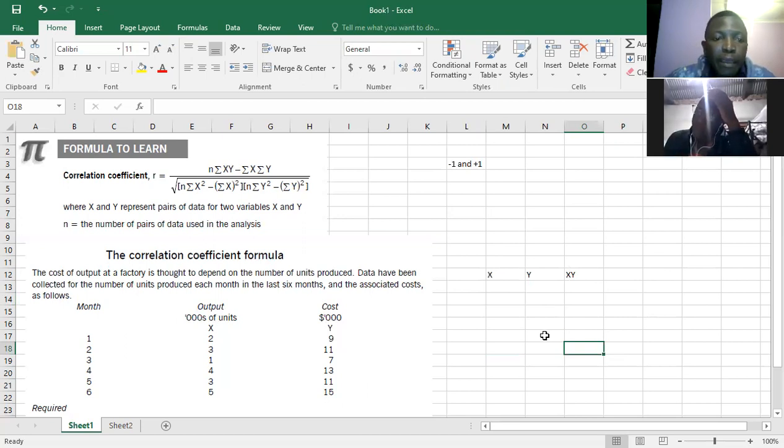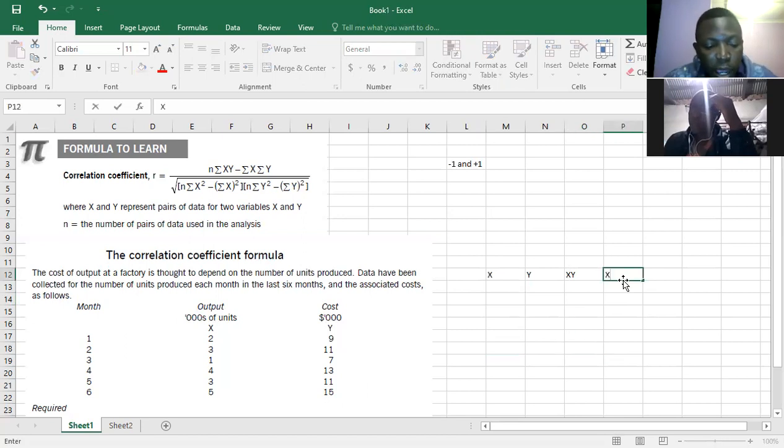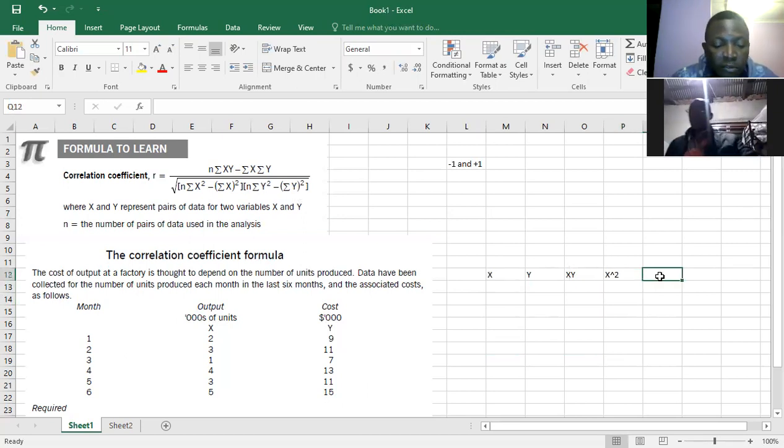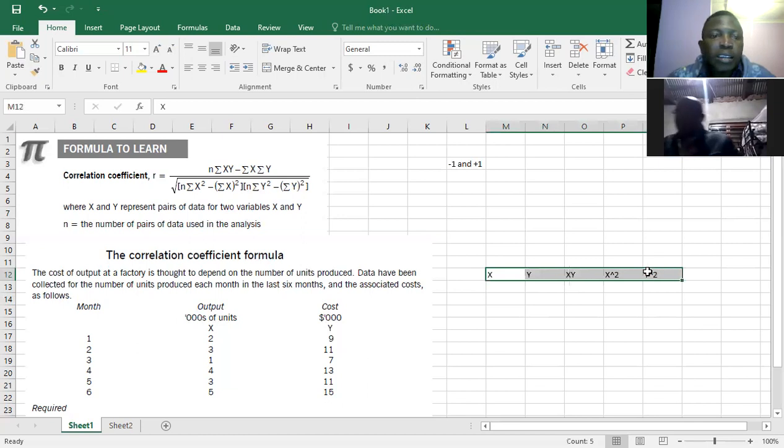Then we'll need another column for X squared, and Y squared, because we have them in the formula. We are just creating these columns to make our life easy.